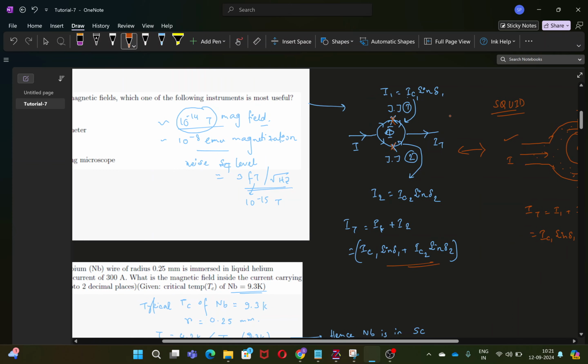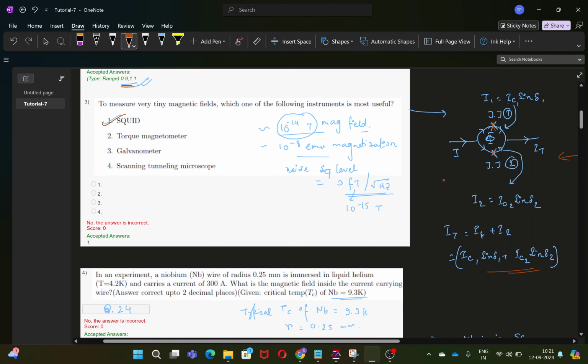Now this system can actually capture very tiny magnetic fields as small as 10 to the power of minus 14 Tesla. It is a quite tiny magnetic field that SQUID can detect very sensitively. And in magnetization units, you can also write it can detect up to 10 to the power of minus 8 EMU. So this is the lowest value of magnetization that SQUID can measure or detect.